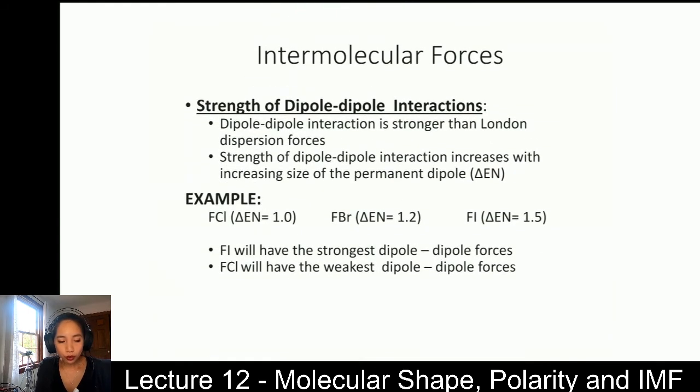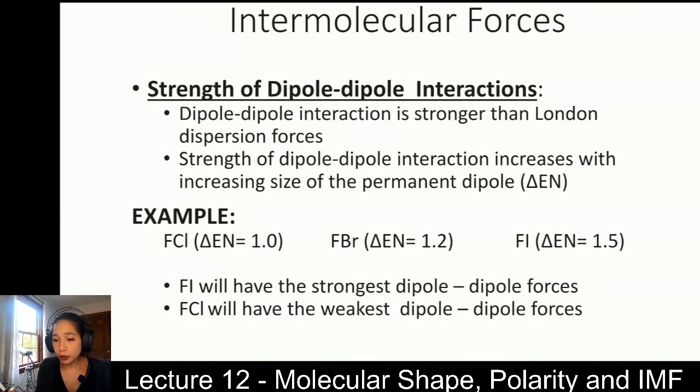So remember I told you with London dispersion that intermolecular force increases with molar mass. Dipole-dipole is different, so it has a different trend. But the first thing I want to note is that dipole-dipole, this interaction is stronger than London dispersion, although we are still talking about how those dipole arrows are being attracted towards one another.